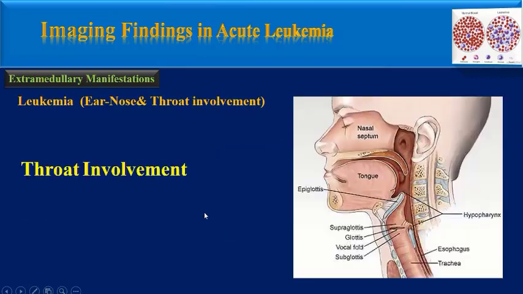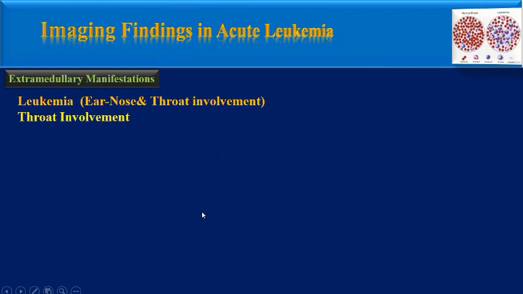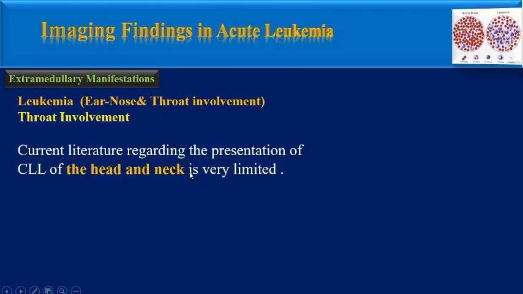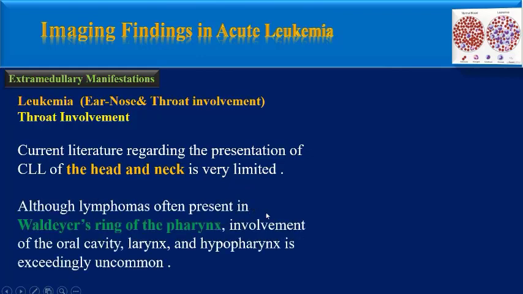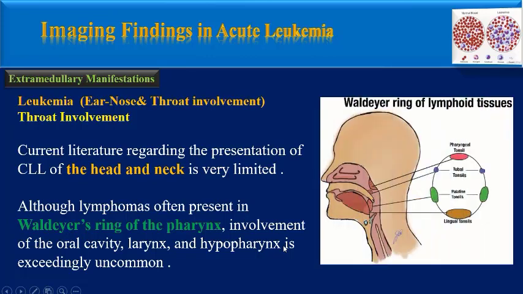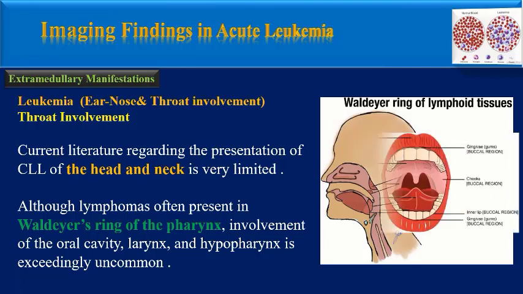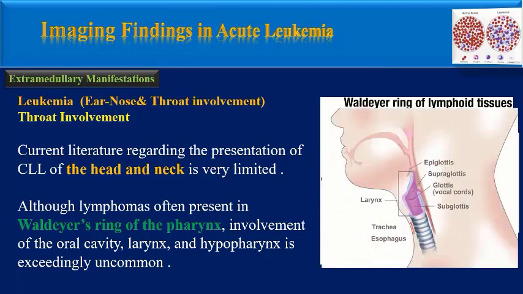Another section is throat involvement. Current literature regarding the presentation of CLL of the head and neck is very limited. Although lymphomas often present in Waldeyer's ring of the pharynx, involvement of the oral cavity, larynx, and hypopharynx is exceedingly uncommon.